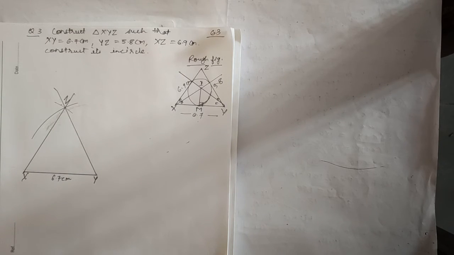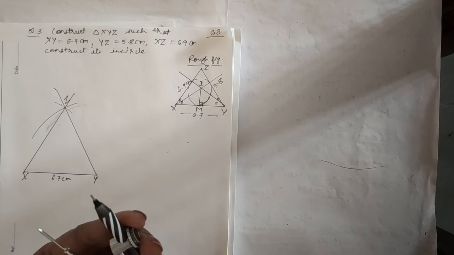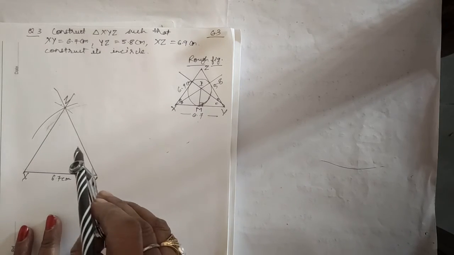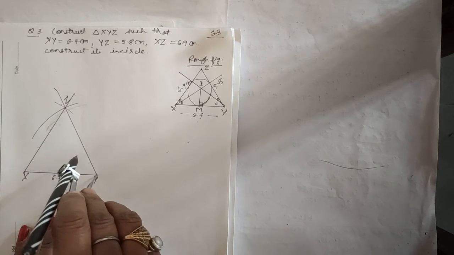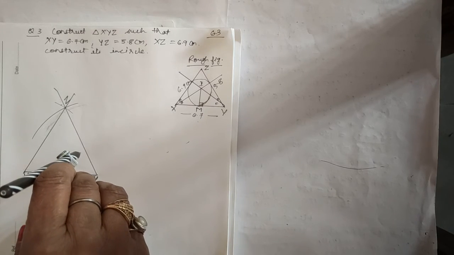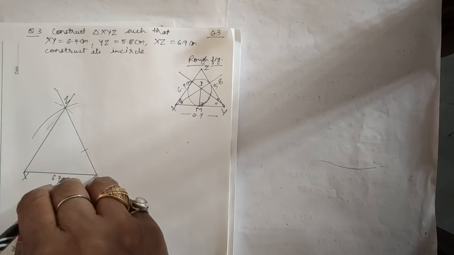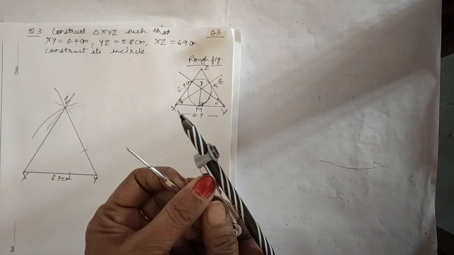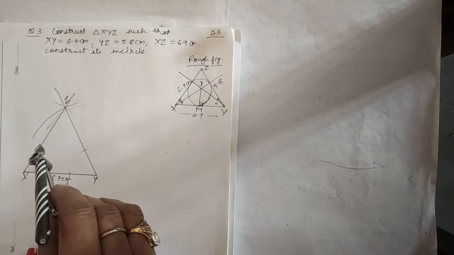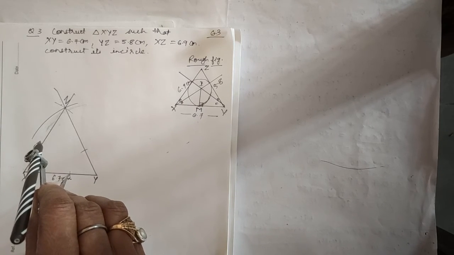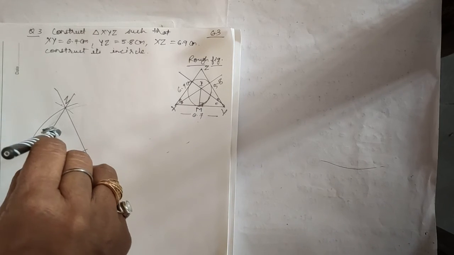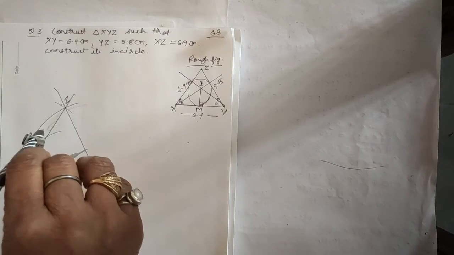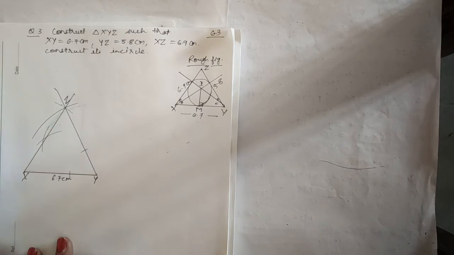So you know what is the step. You have to take any convenient radius or any small radius, take Y as center, and here draw arc like this. Okay, and then extend this radius a little bit more, take these two points of intersection and draw angle bisector in this way.